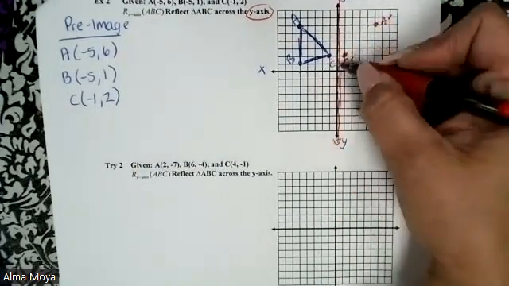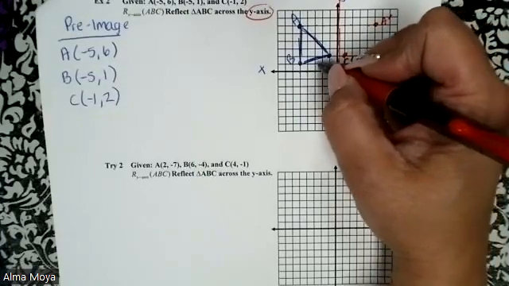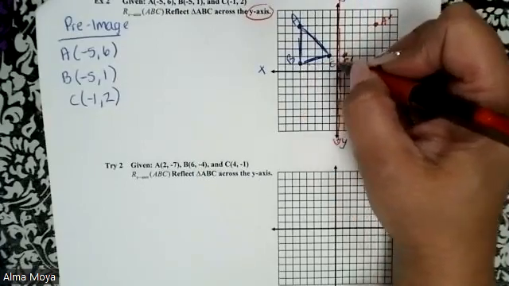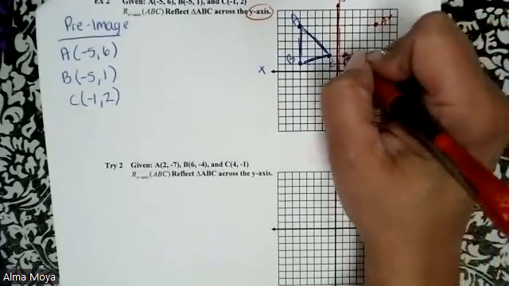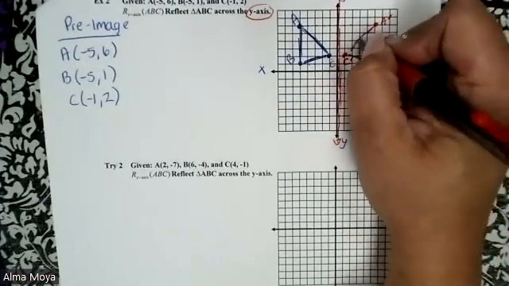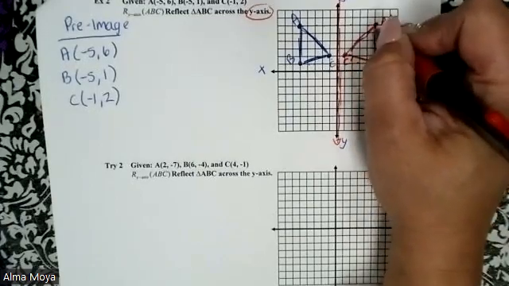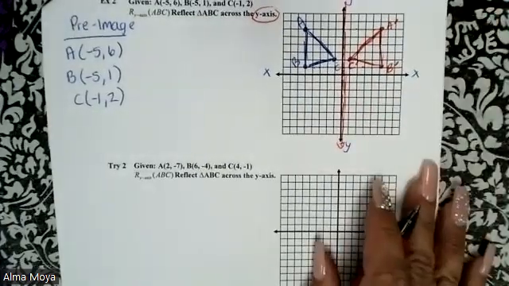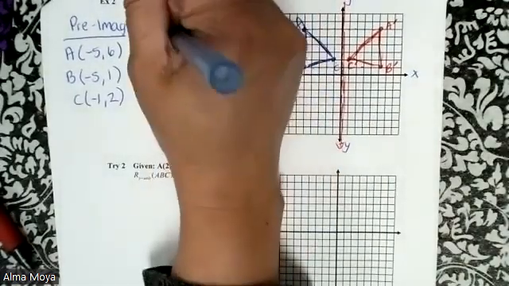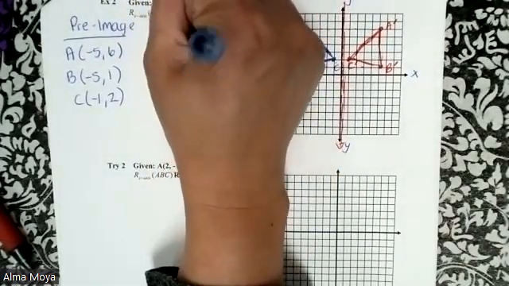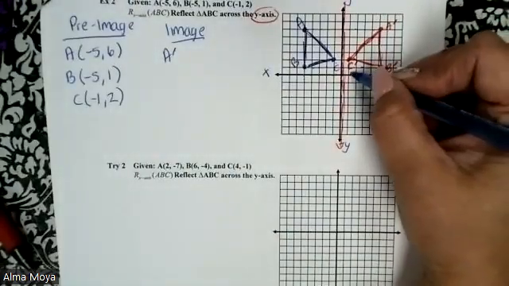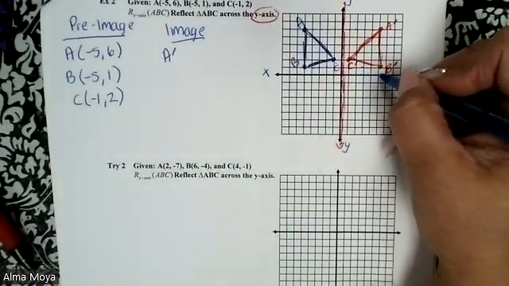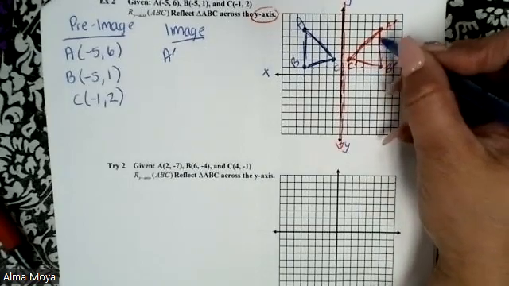My B, from right here, I went to the left 1, 2, 3, 4, 5. So now I'm going to go 5 to the right. I should be using a straight edge. So now my image, which is going to be the A prime, is going to be 1, 2, 3, 4, 5, 1, 2, 3, 4, 5, 6.